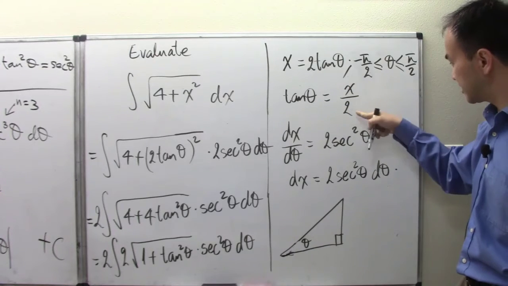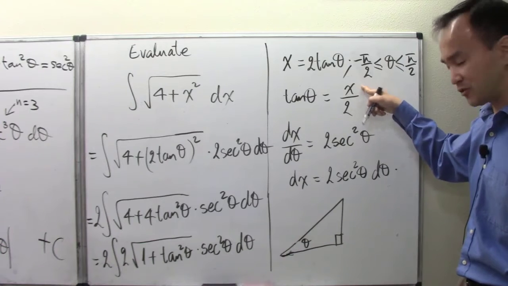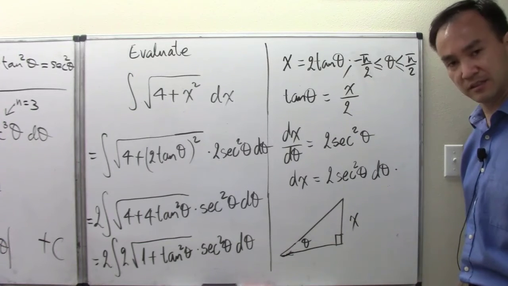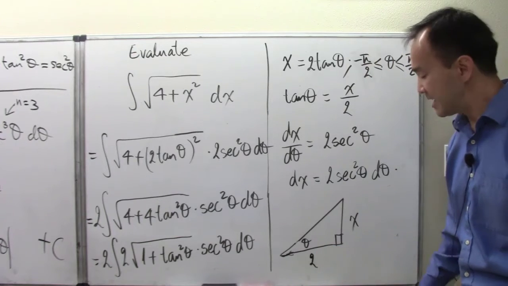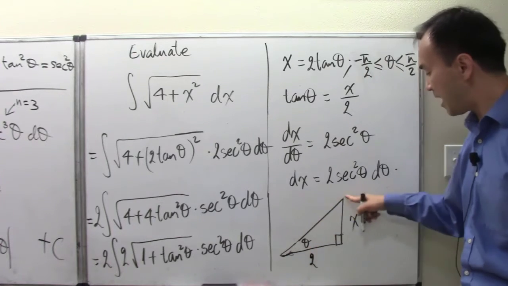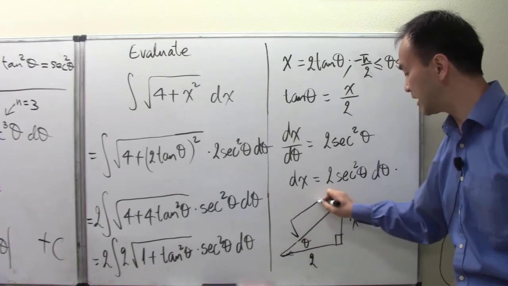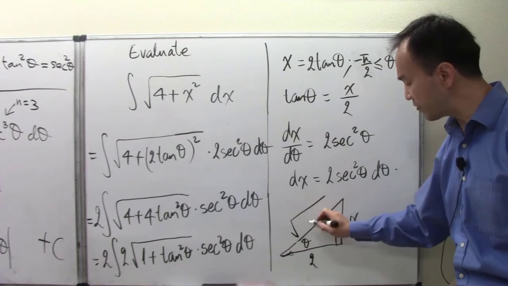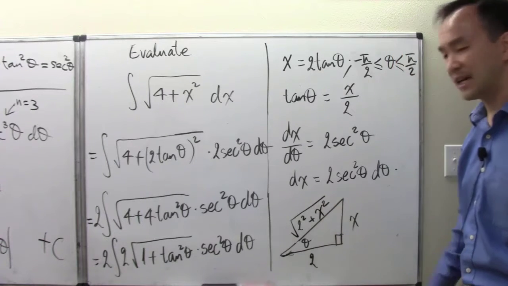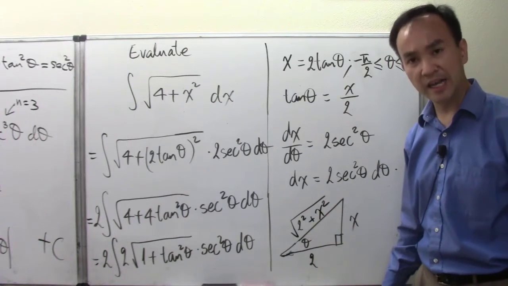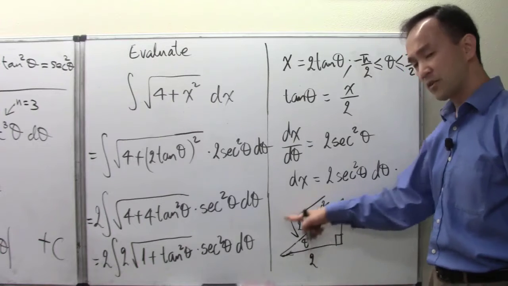So that means I have to put my x on the opposite edge and my 2 on the adjacent side. So the hypotenuse has to come out, according to the Pythagorean theorem, as the square root of 2 squared plus x squared. That's how we have been calculating length in a right triangle.